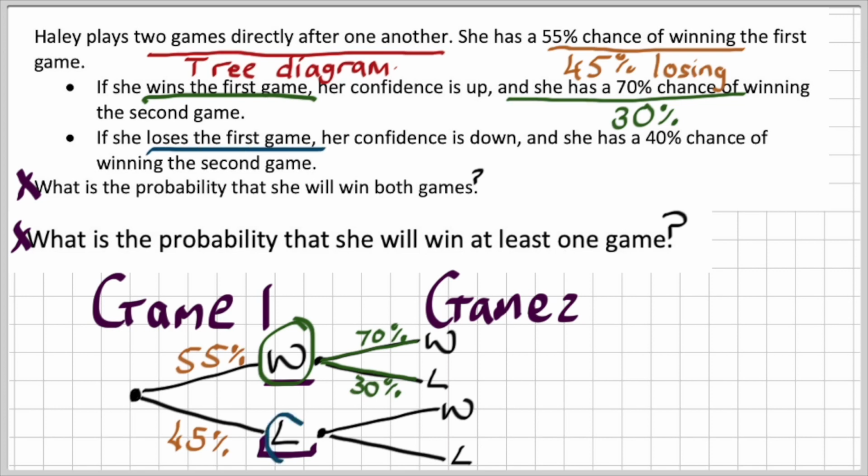If she loses the first game, so that means she ends up on that bottom leg, so that's the road she's going to walk, then her confidence is down and she has a 40% chance of winning, which means she has a 60% chance of losing. There is my tree diagram now. Be careful of the implied knowledge of those percentages adding up to 100%. So let's look at the first question.